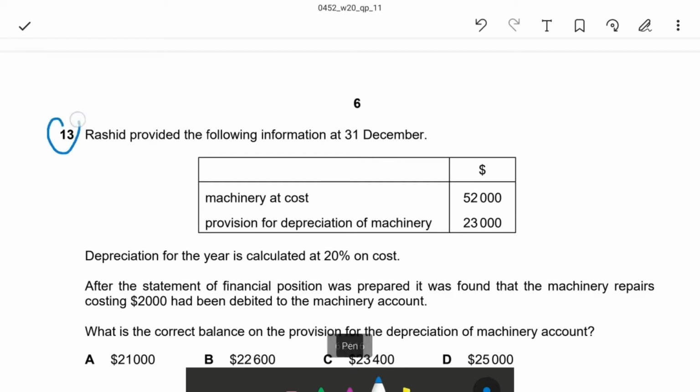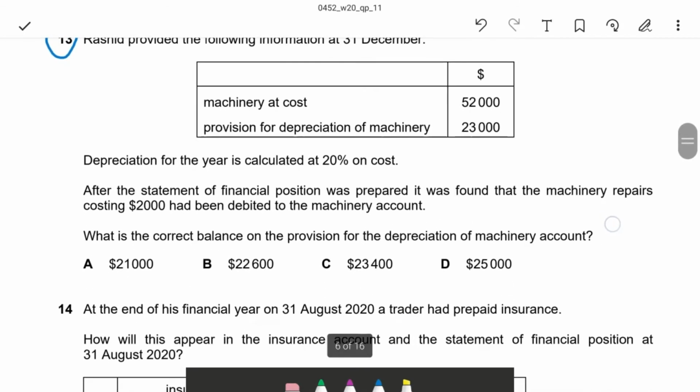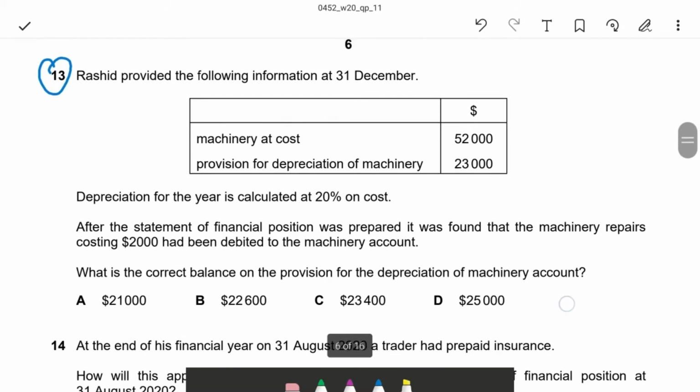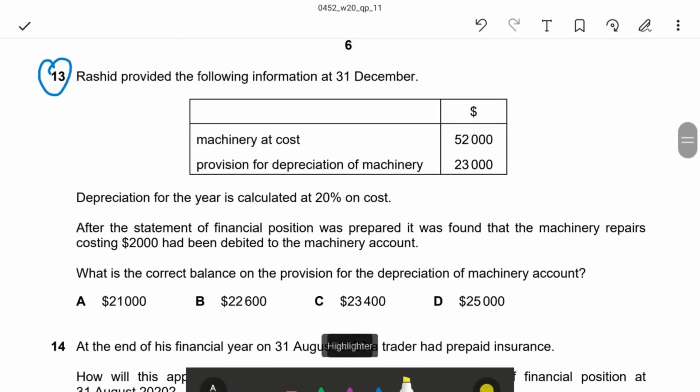Question number 30. Rashid provided the following information. Machinery cost, provision for depreciation. Depreciation for the year is calculated at 20% on cost, straight line method.